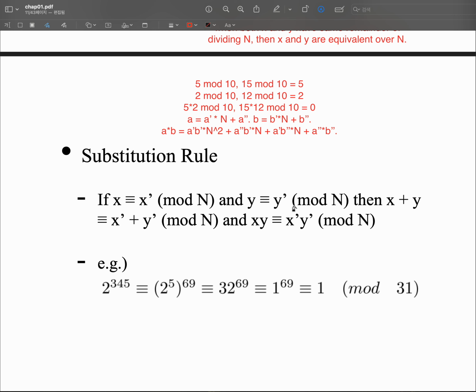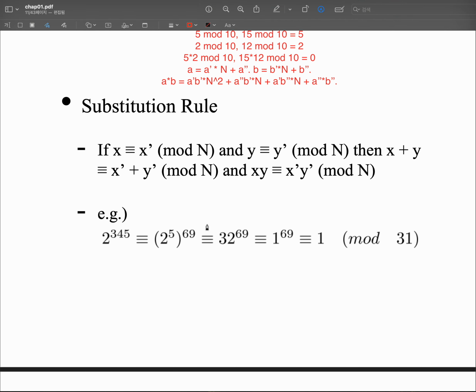So by using the substitution rule, we can calculate some kind of operation like this, an exponential operation like here, 2 to the power of 345. Okay, but this calculation takes a long time because in this case we have to multiply the number 2 by itself 345 times.